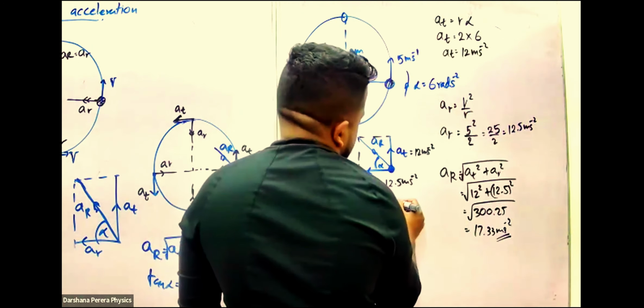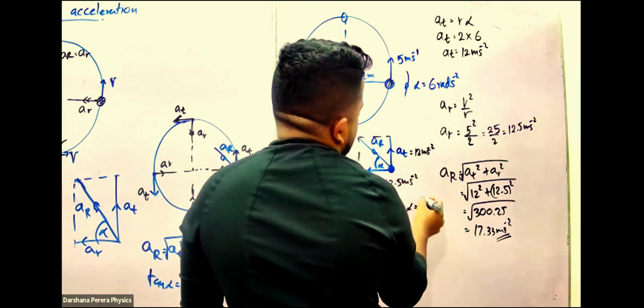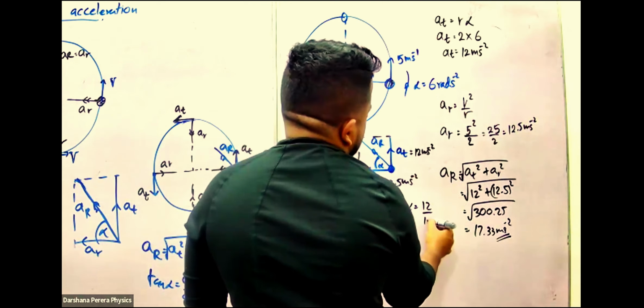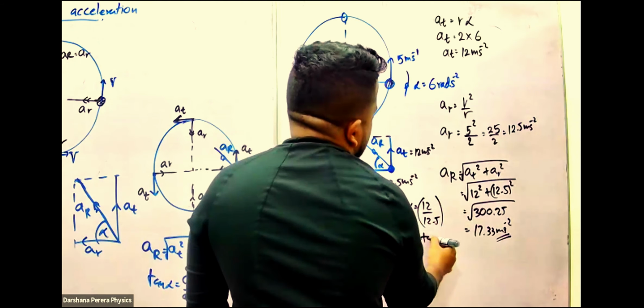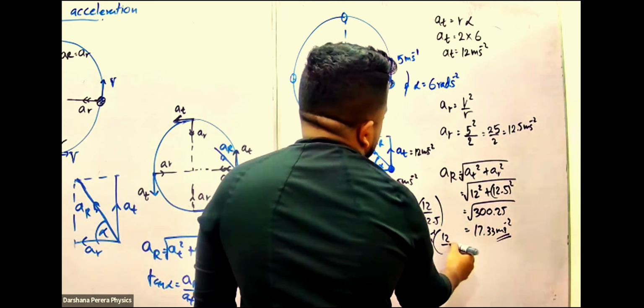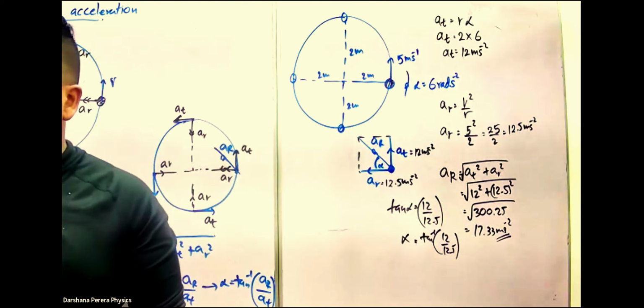We have to take the angle also. Tan alpha equals 12 over 12.5. Alpha equals tan inverse 12 over 12.5. Right.